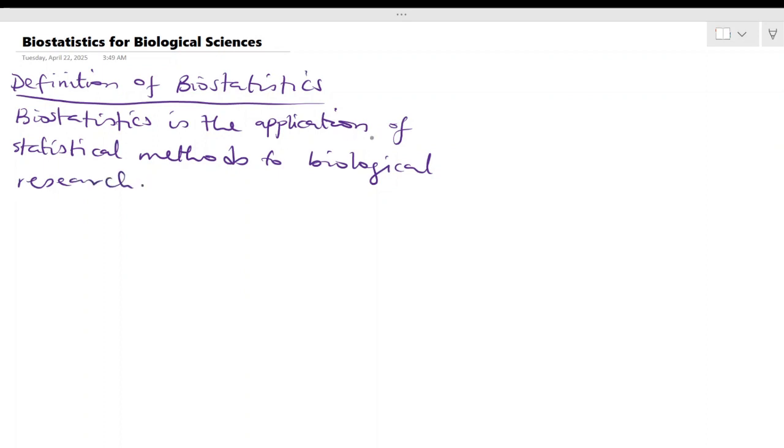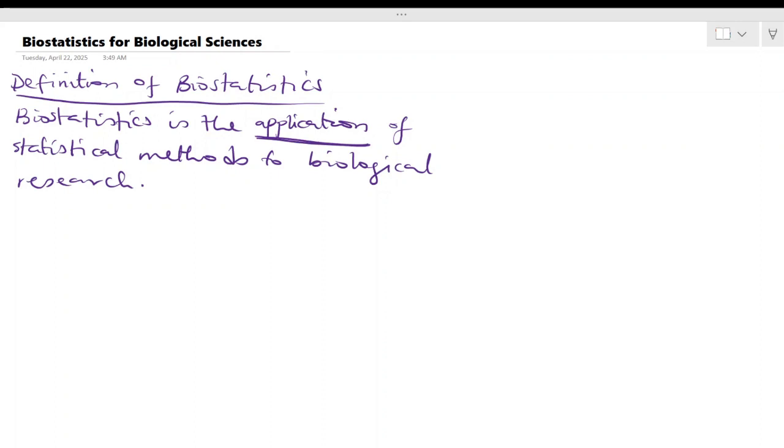That's basically it. The key point here is application, and that's where our focus is. We want to know how statistical methods can be applied to biological research.